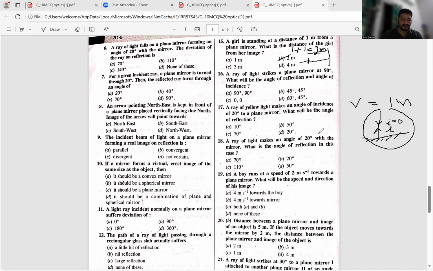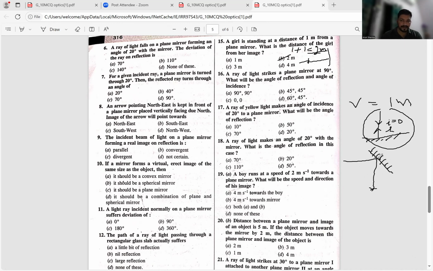So we make a diagram. How to draw the diagram? Like this. This is a plane mirror. And the incident ray strikes from here and it reflects like this.